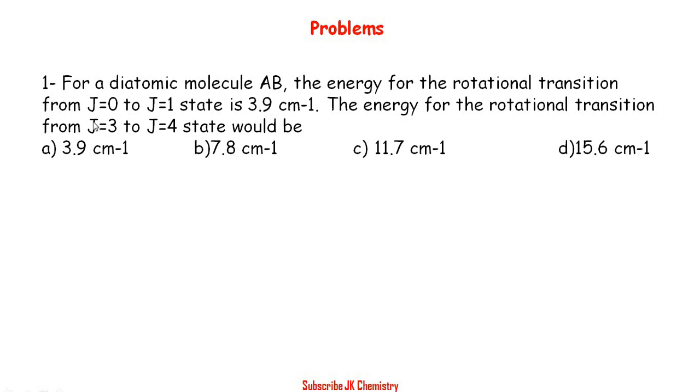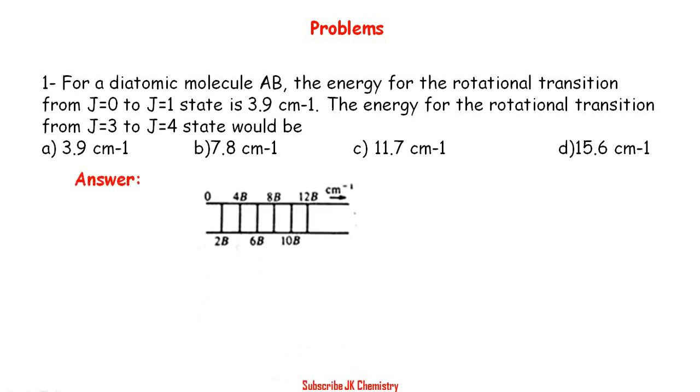Given is the energy for the first transition, J is equal to 0 to J is equal to 1. You want to calculate the energy for a transition from J is equal to 3 to J is equal to 4. We know that in the rotational spectrum the first band corresponds to the first transition, that is 0 to 1. Second is 1 to 2. Third is 2 to 3. And the next one is 3 to 4.